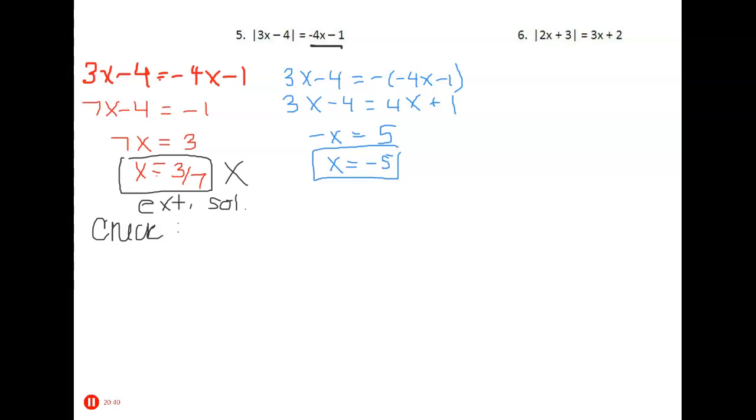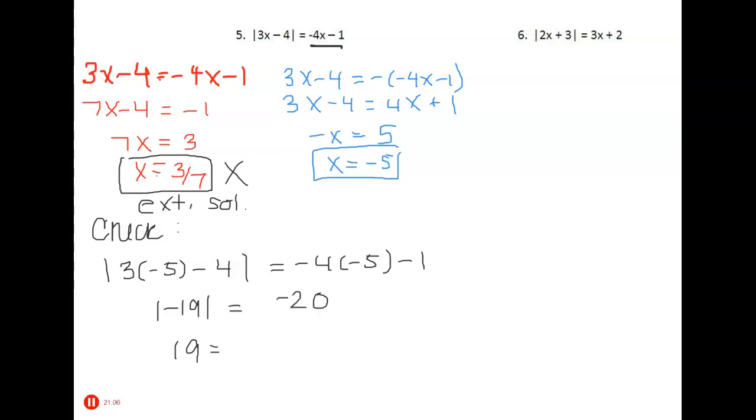And also, just because one number fails doesn't mean the other one will fail. -15 minus 4 is absolute value of -19. -20 minus 1, or sorry, +20 minus 1, because a negative times a negative is a positive, gives 19. 19 equals 19, so it checks.